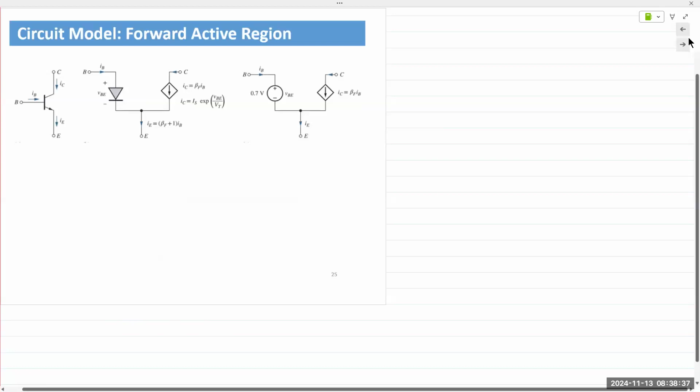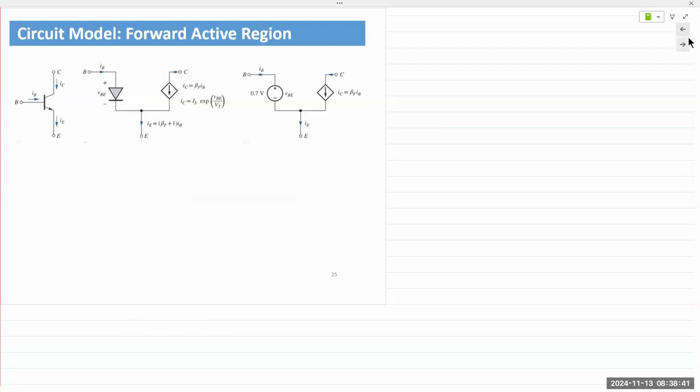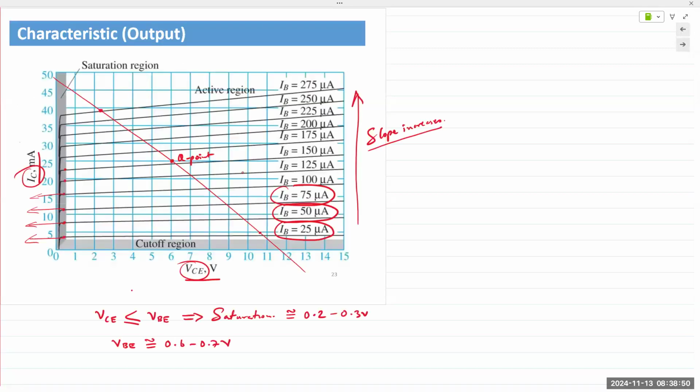Okay, so one of the most popular circuit models for describing a BJT is by using a current source. If you look at the characteristic, what do we see here? Like the FET, the current is almost constant. If it's constant current, that means it's a current source.